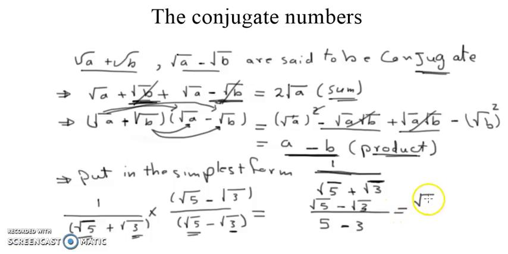This equals square root of 5 minus square root of 3 over 5 minus 3, which equals 2. You can write that like this: one half times square root of 5 minus square root of 3.